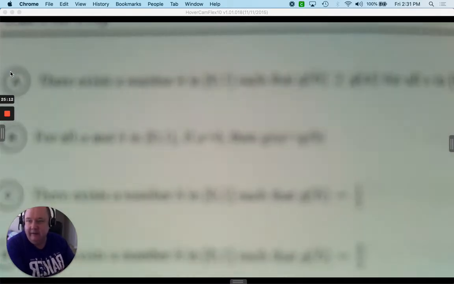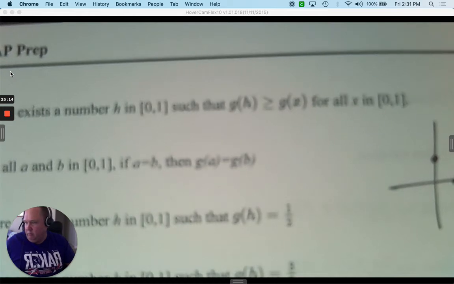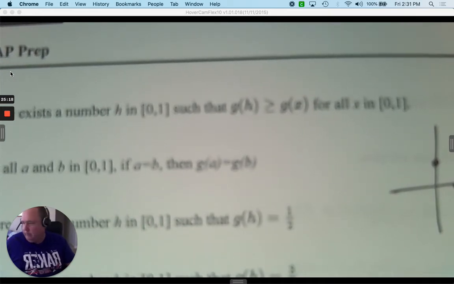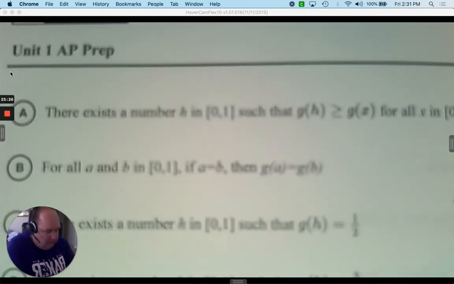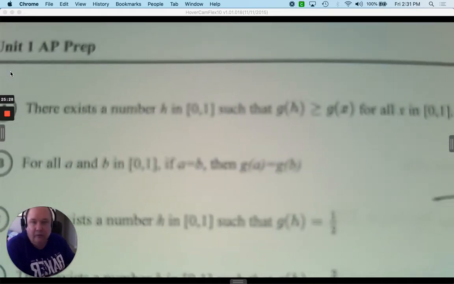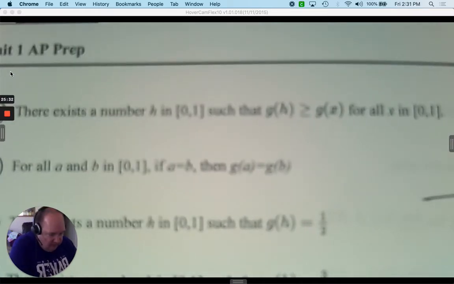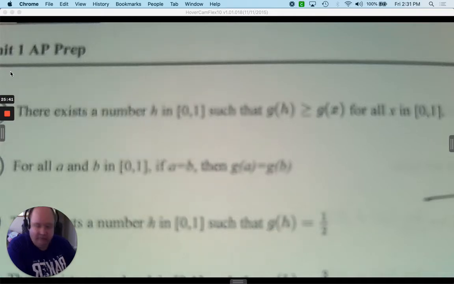Let's look at each possibility. A says there exists a number h from 0 to 1 so that g of h is greater than g of x for all x from 0 to 1. There is nothing there that says that must be true.